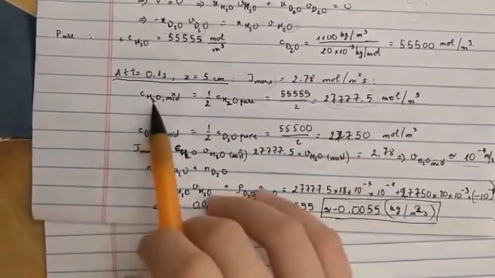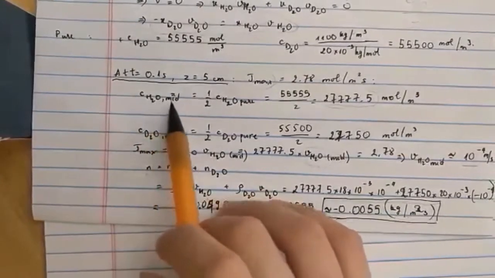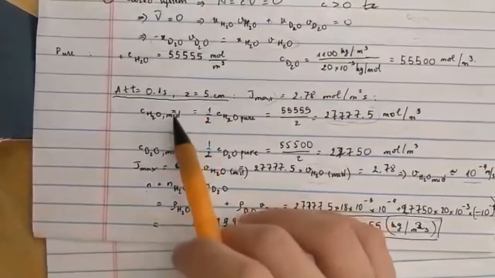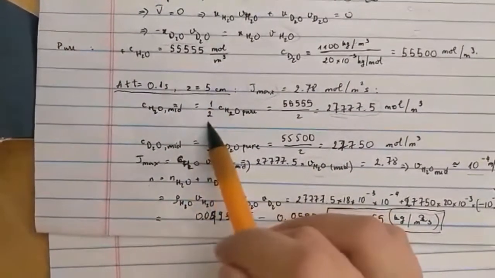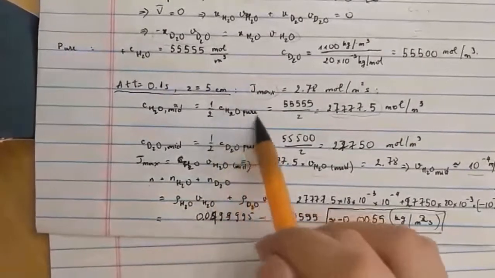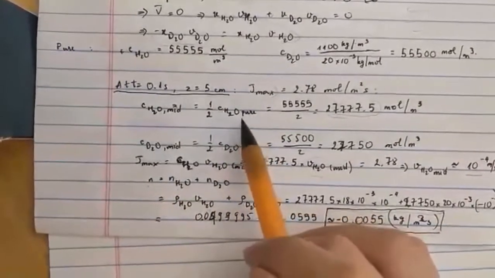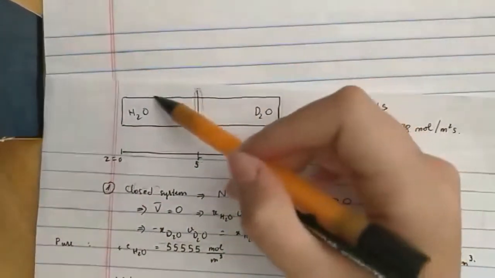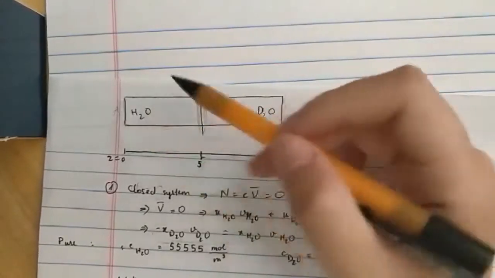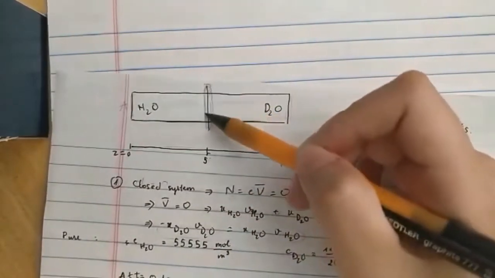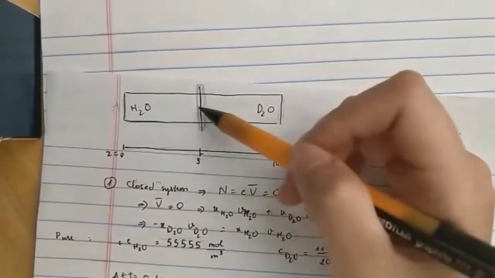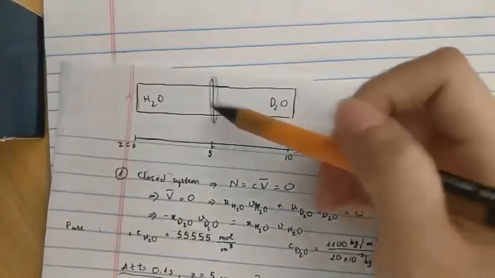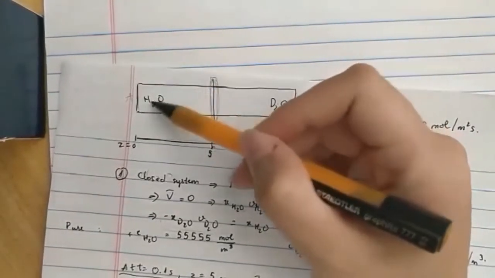The concentration of H2O at 5 centimeters, in the middle, equals 1/2 of the concentration of pure water, because at the surface we have both H2O and D2O, but on the left side we only have H2O.